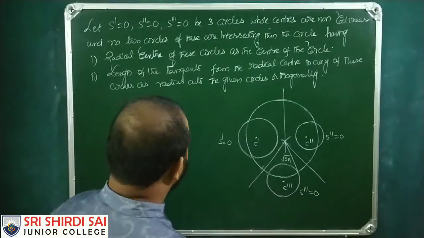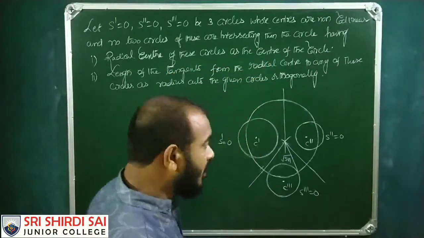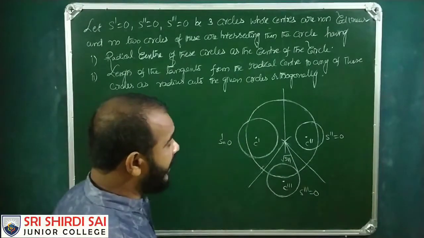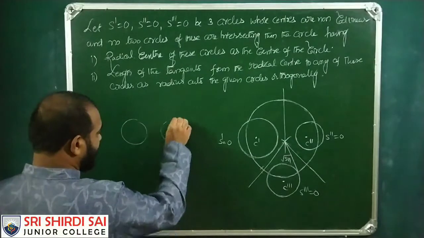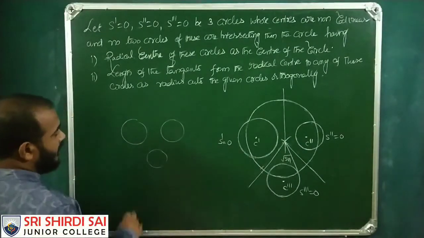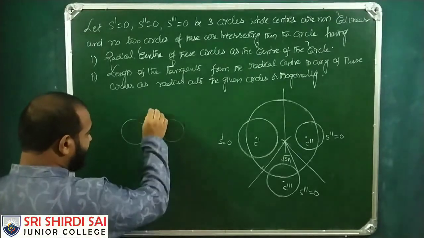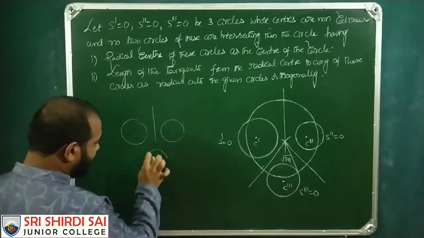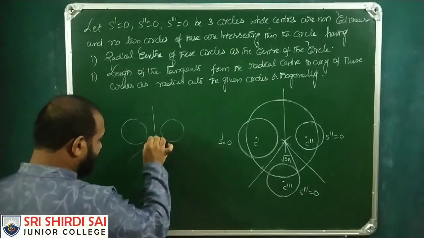Now listen. The radical center of these circles is the center of the circle. What is said to be the radical center? These are the three circles, and the radical axis of these two circles is this, the radical axis of these two is this, and the radical axis of these two is this.